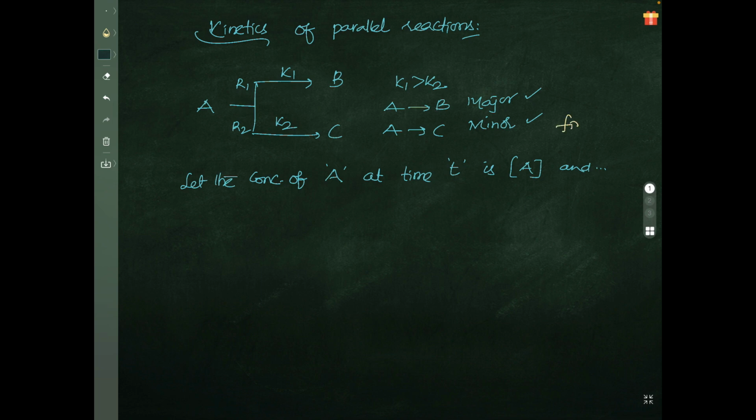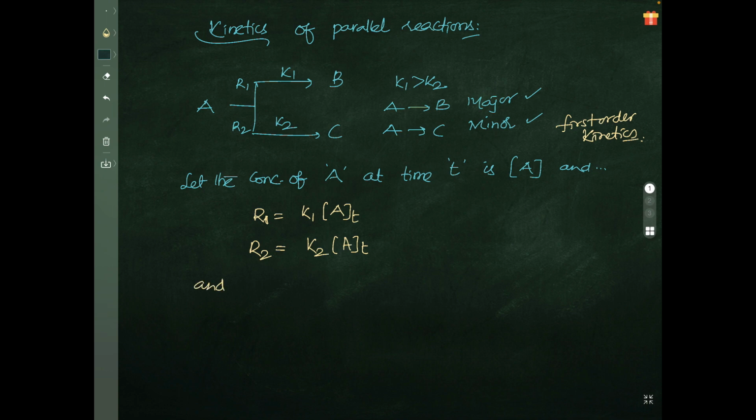Let's take that this is following first order kinetics. We know what is first order kinetics. Done. So R1 is equal to K1 into the concentration of A at T. Similarly, R2 is equal to K2 into the concentration of A at T time.